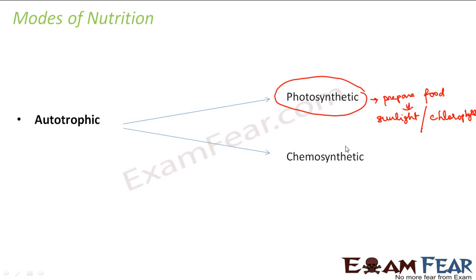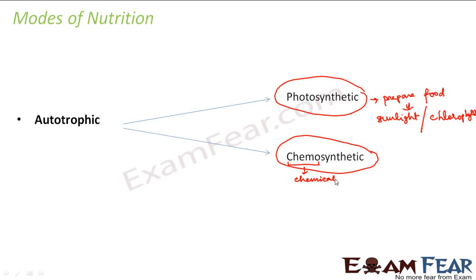Right? And the other kind of autotrophic organisms are chemosynthetic. What is the word chemo? Chemo is derived from the word chemical. So these organisms use chemical energy which is released during oxidation of organic compounds to prepare their food.